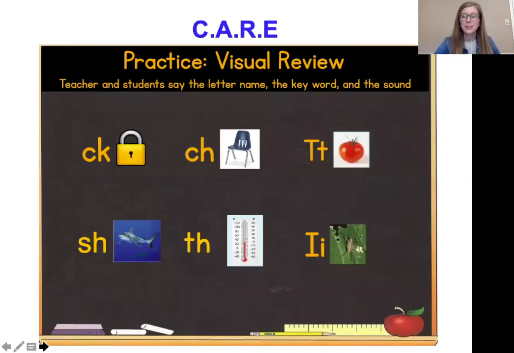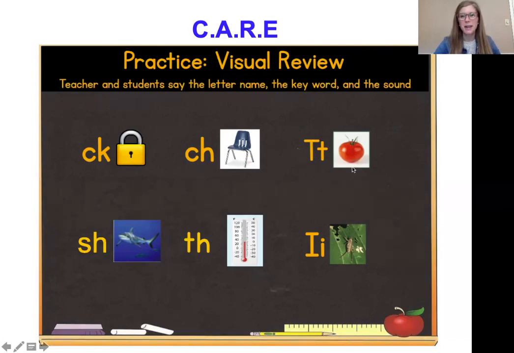We've practiced letters and sounds and keywords together in CARE during our CARE time. Let's look at these letters, keywords, and sounds together. Say CK, lock, K. CK, lock, K. Let's do the rest of them together. CH, chair, ch.